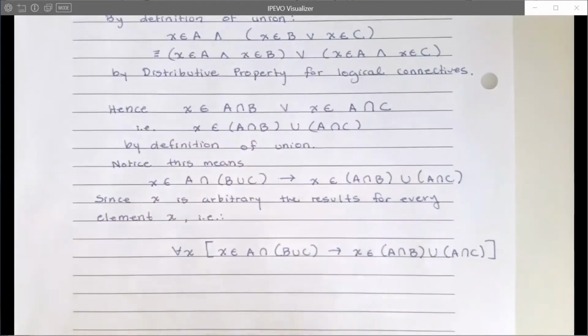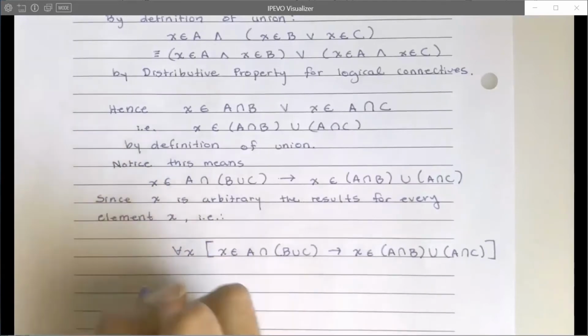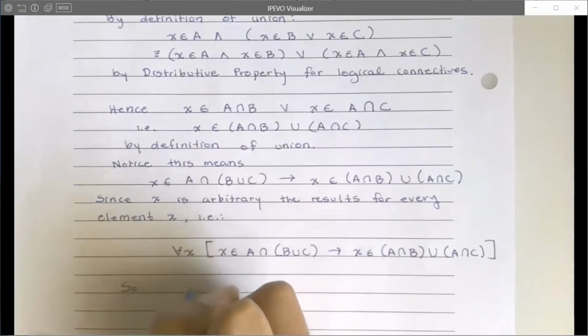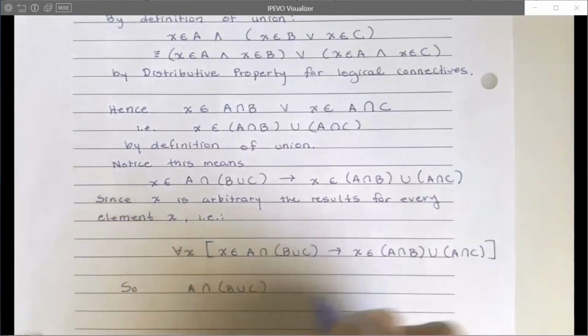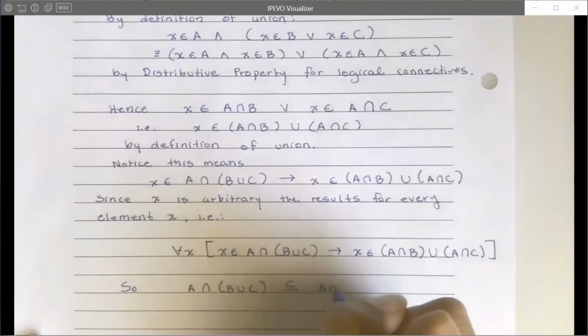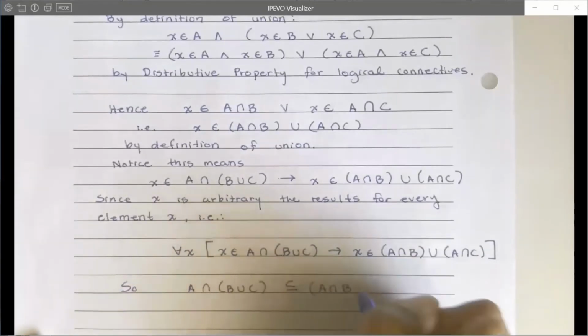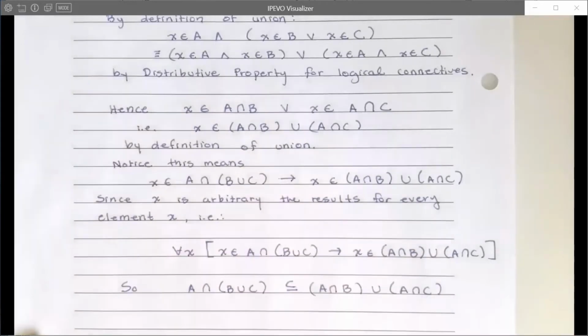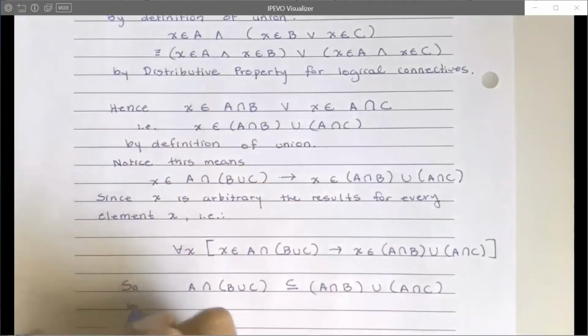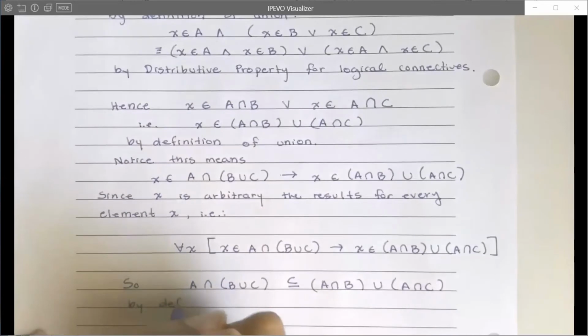And that is the definition of subset. So A intersect (B union C) is going to be a subset of (A intersect B) union (A intersect C), by definition of subset.